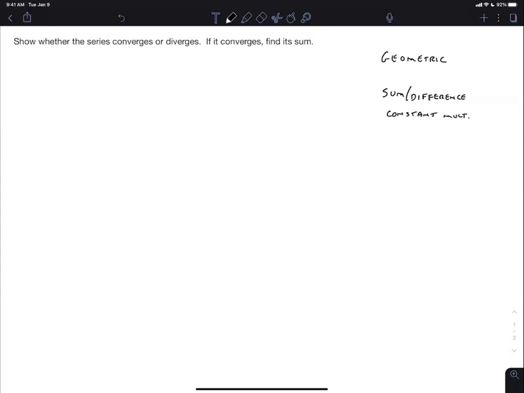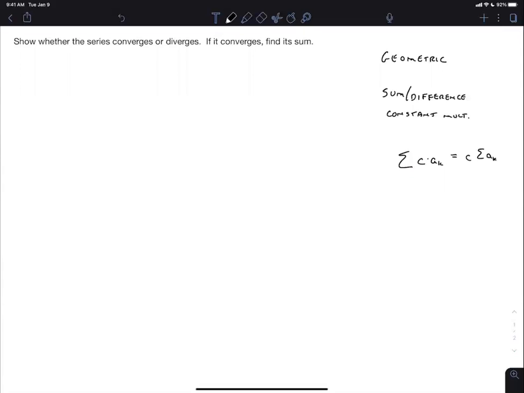When you have a constant multiple, we'll talk about that quickly because I think we didn't explicitly say it. If we have a constant c times a term ak inside of a sigma notation, that's the same thing as the constant c times the sum of ak. So you can pull a constant out. If the sum of ak diverges, then the constant times that still diverges, as long as the constant's not 0.